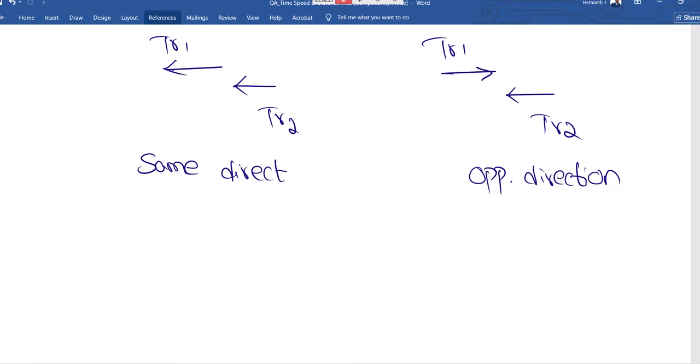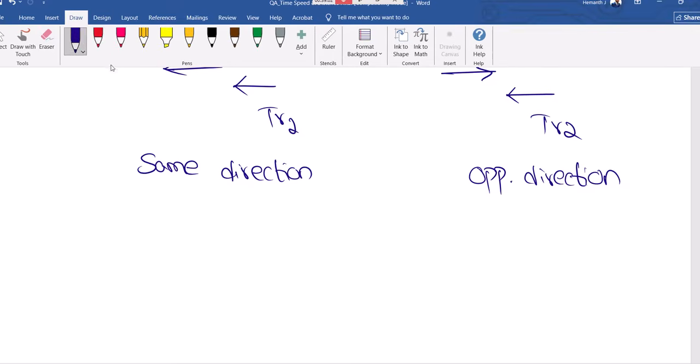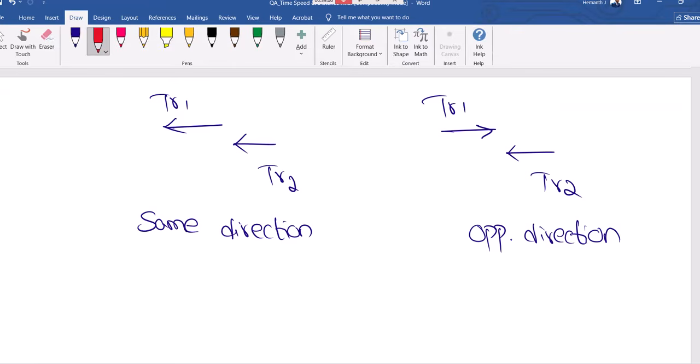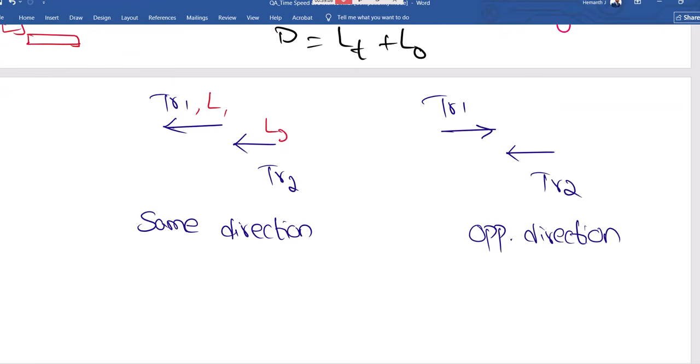Now in these two cases, my dear friend, let me know what will be the distance and what will be the speed. I am giving you notation: train 1 length is L1, train 2 length is L2, train 1 speed is S1, train 2 speed is S2.